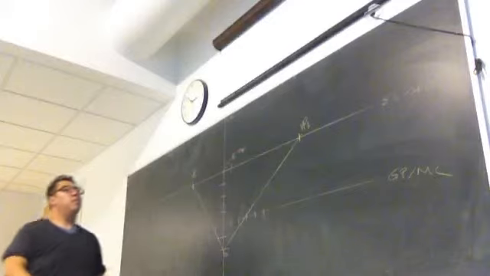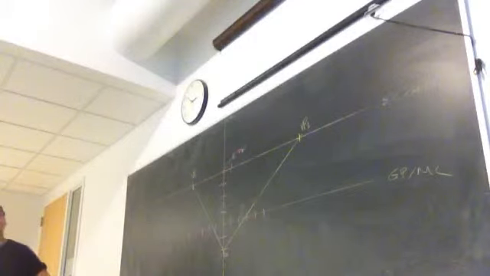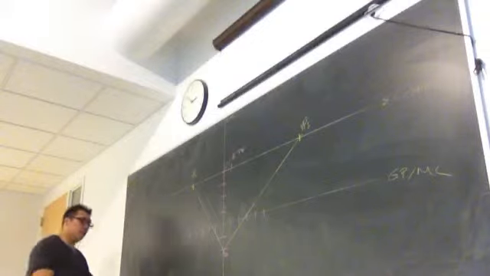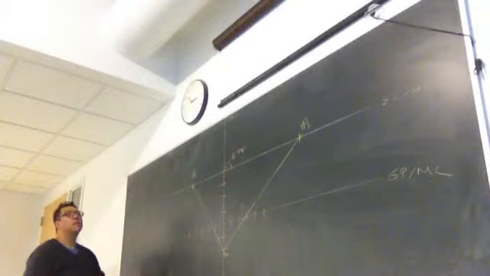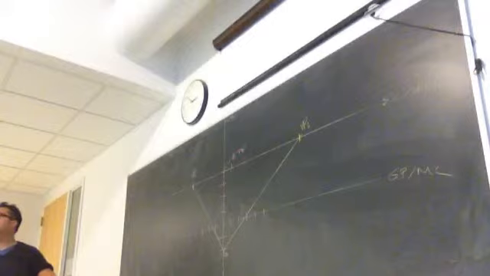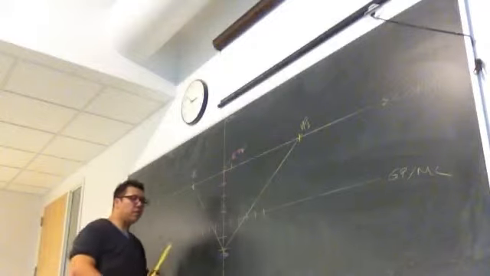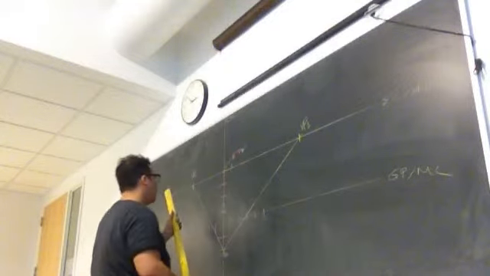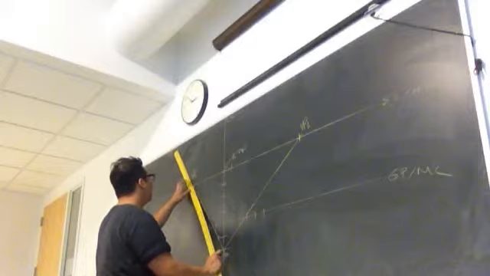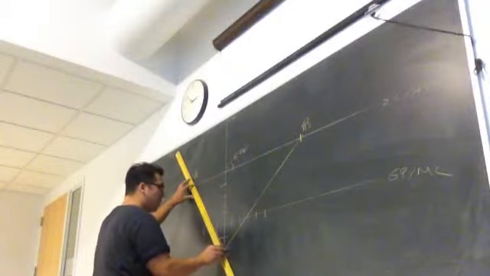Alright, so, what's next? And then from the stationary point, you start from the vanishing point and then you drag it upward. Alright, and what's that called? That's called the marking point. Not marking point, measuring point. Excuse me.